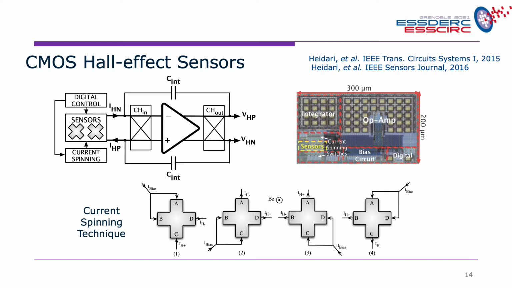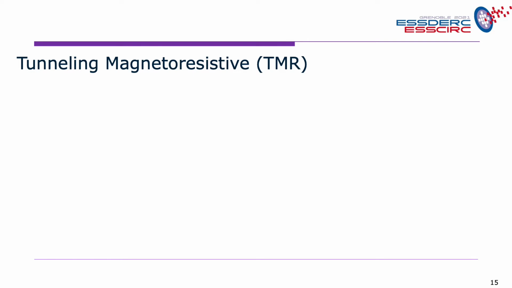The final chip was fabricated in a 0.18 micrometer CMOS technology, and the sensors were able to detect magnetic fields in the range of a few hundred nanotesla. This value is not enough for very accurate and high resolution biosensors.